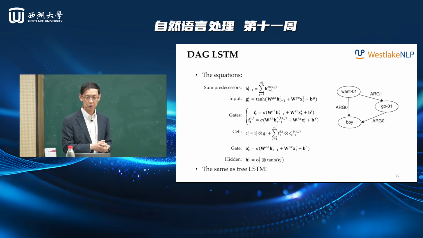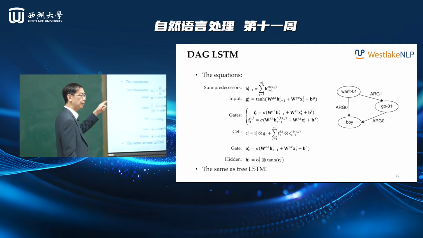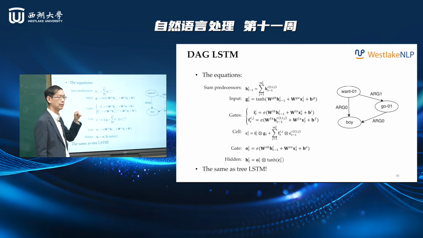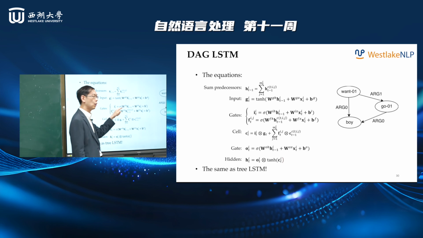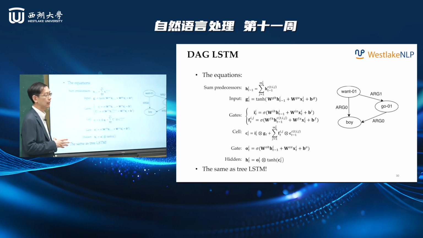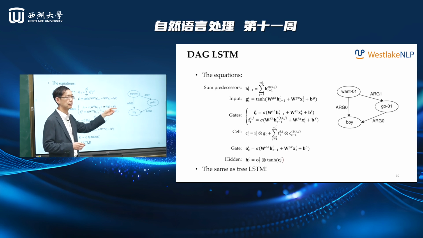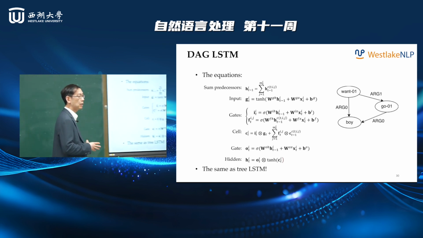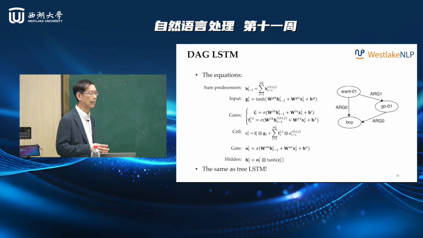Okay, but if you look at the token boy, it has two parents. So what does it mean? It means that the same node will contribute to information collection to both want and go. Okay? So the information is duplicated. That's what having multiple parents means. Okay? This is not a tree, this is a DAG.